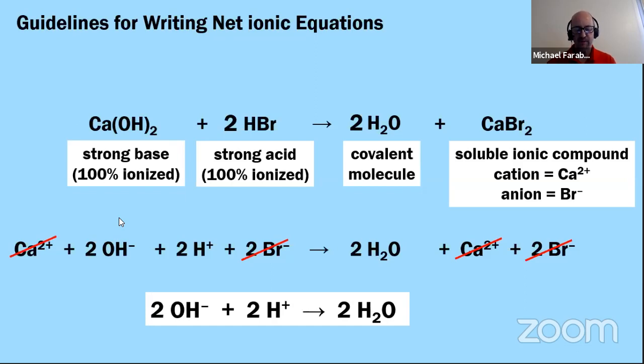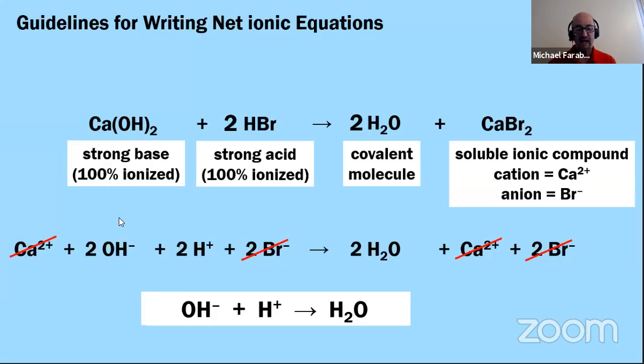And while this equation might be acceptable on the AP exam, I think just to be on the safe side, if I have the ability to reduce all of the coefficients and still get the lowest possible whole numbers, I should do that. So I'm going to go ahead and divide each of these coefficients by 2. And again, that is my net ionic equation.